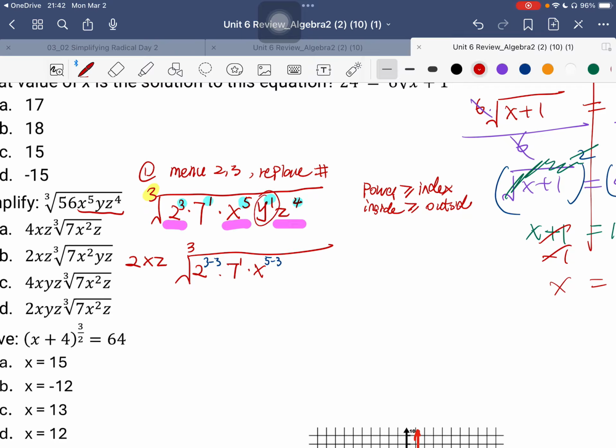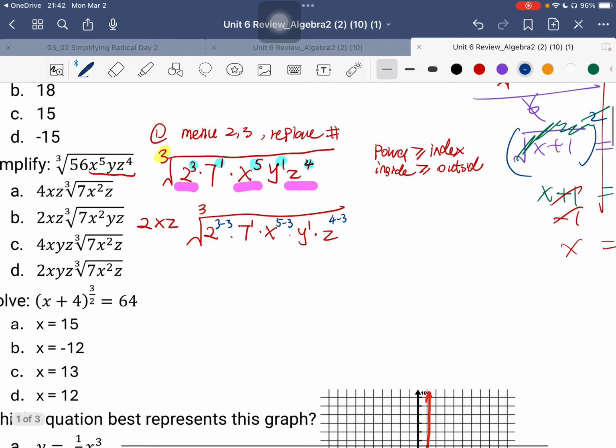And then y to the 1, because it's less than, I'll just bring it down. And then z to the 4th, 4 minus 3. This will give me the remainder, because 3 can only go into 3 one time, into 5 one time, and into 4 one time. So the groups are all one, so I don't have to write it down.